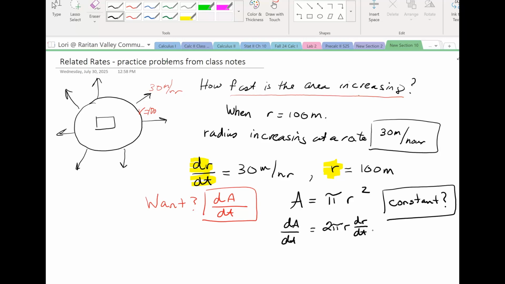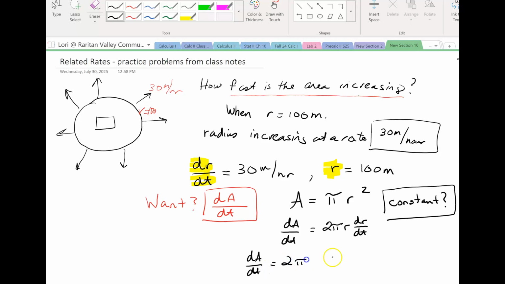Okay. Now that you've differentiated, as long as you labeled everything correctly, we should be able to fill everything in, and the only thing we'll have left is that variable that we want, which is dA/dt. So we don't know dA/dt, that stays dA/dt.